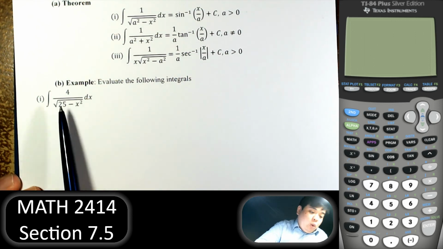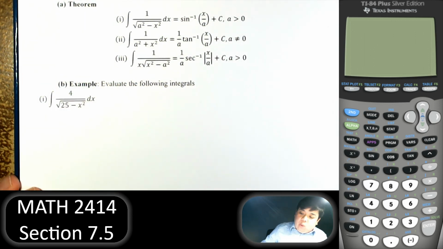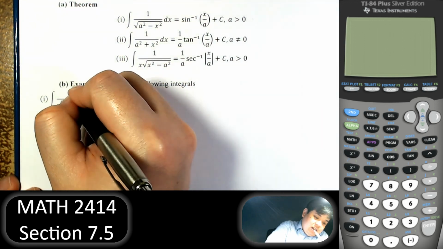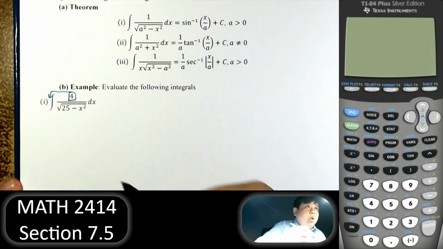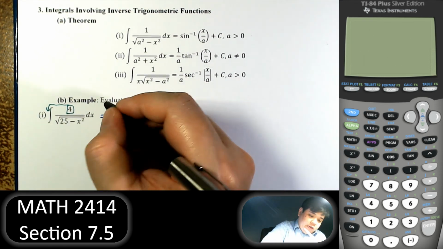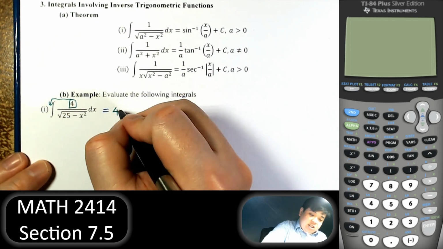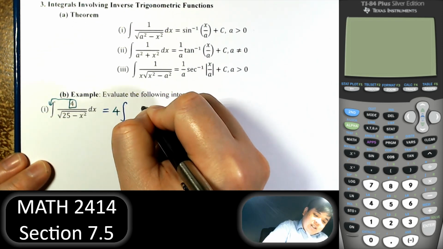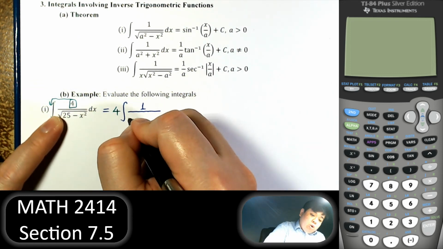So when we have a constant squared minus x squared, I will rewrite this. By the way, there's a constant here, so just take it outside, and so we will have 4. So we have 1 on the top, just like we need for the formula. And instead of 25, I'm going to write 5 squared.